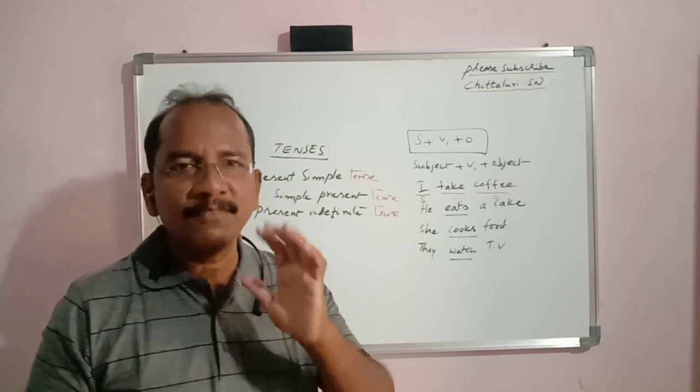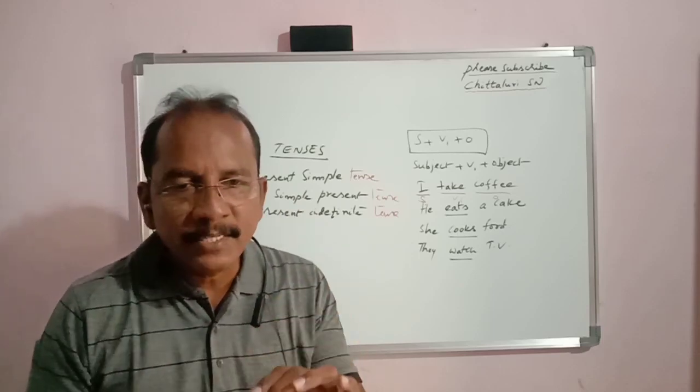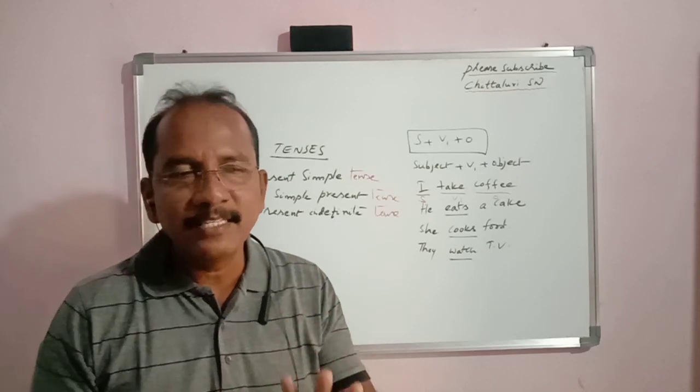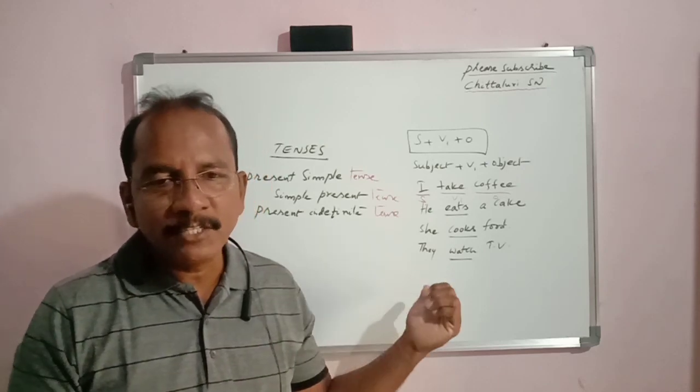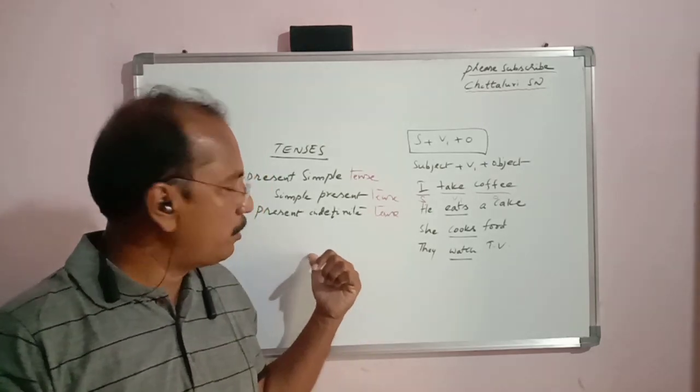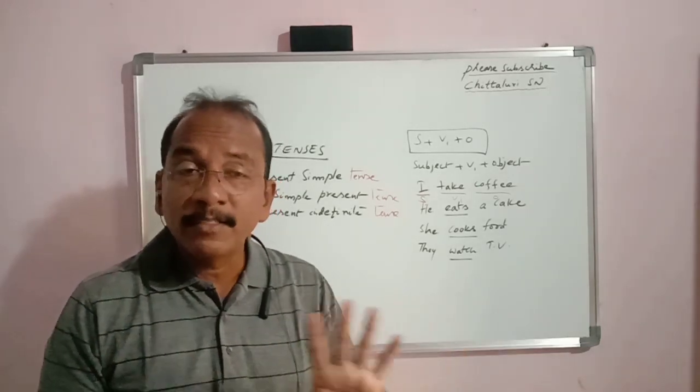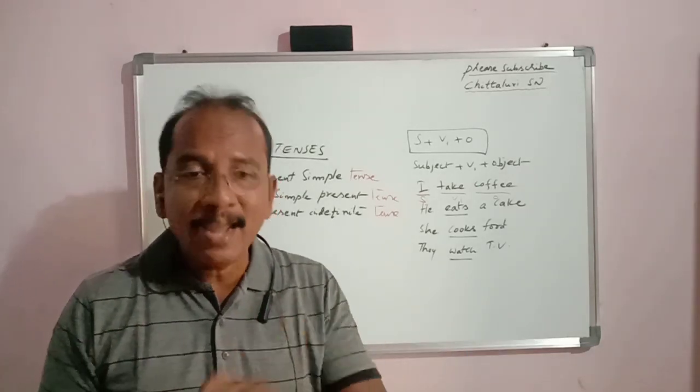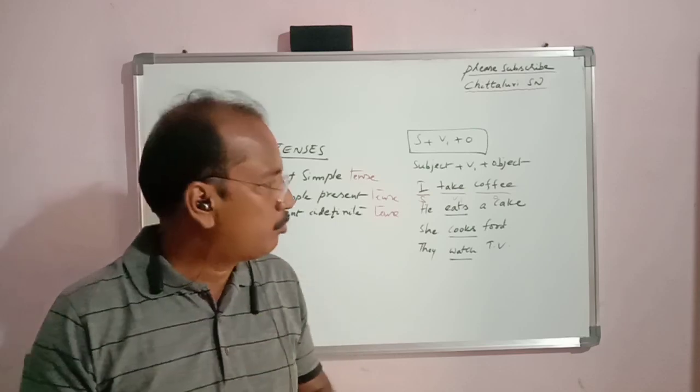It is a sentence which is in simple present tense form, present simple tense form, present indefinite tense form. That's what you have to understand. Am I clear, friends? Right.